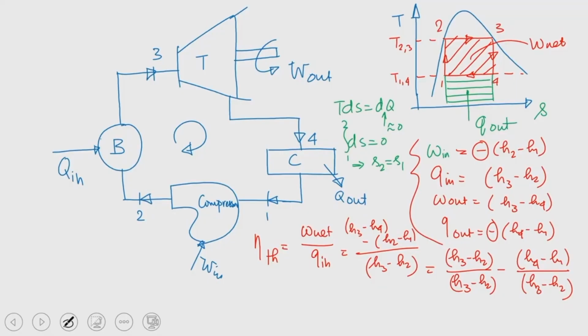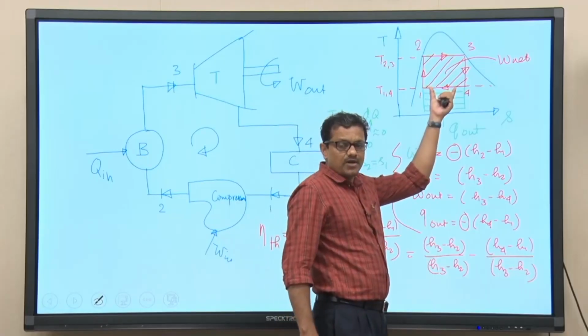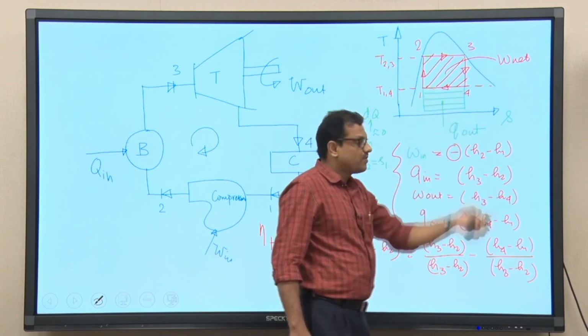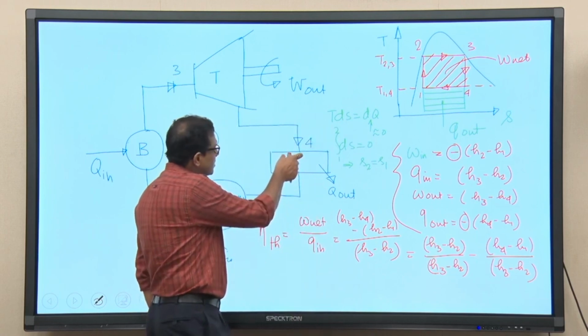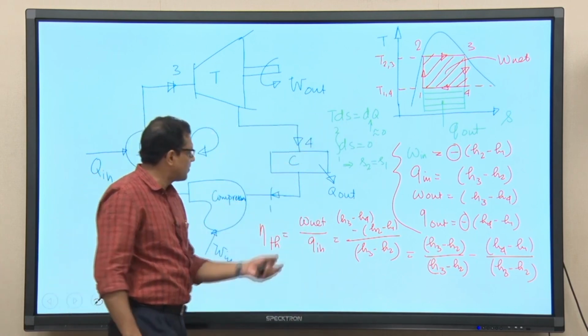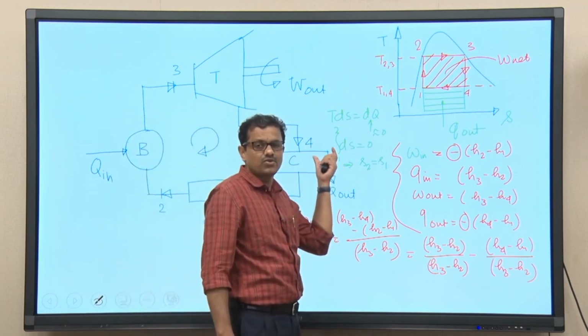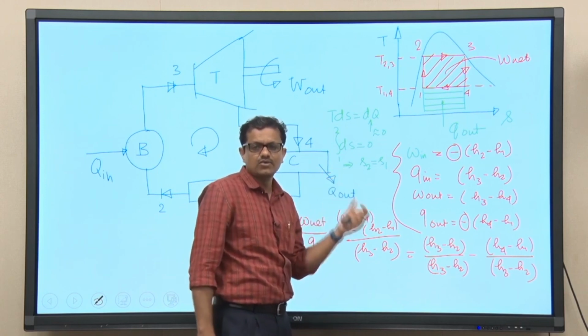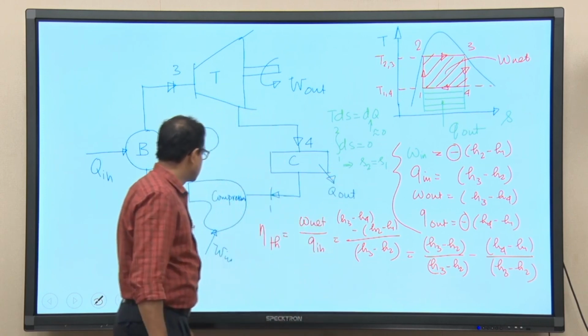So, you know that if you would like to reduce the low temperature part of the cycle, that means we need to reduce T4 and T1. The problem is, if you would like to reduce the temperature of T4 and T1, that can be done, but by doing this we are also going to invite another problem that we shall discuss in one of our subsequent classes.